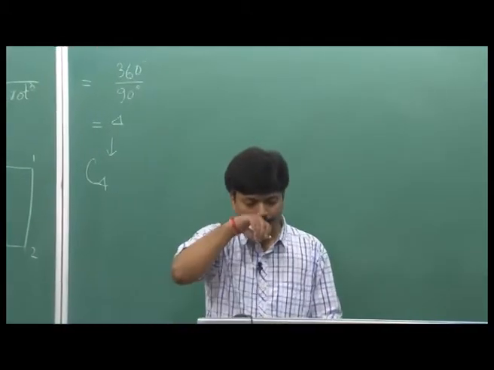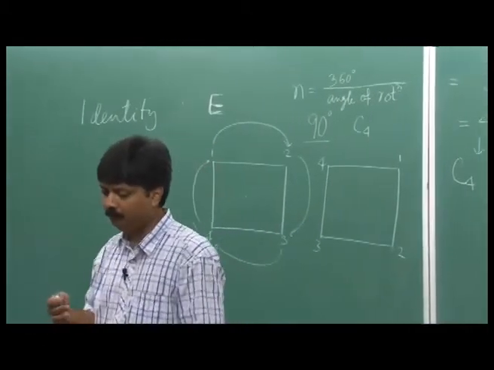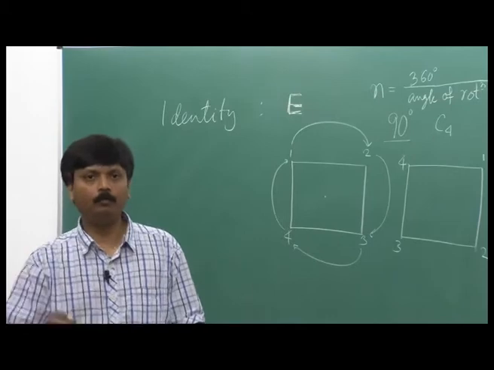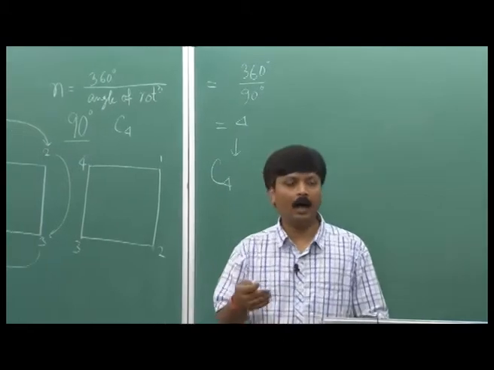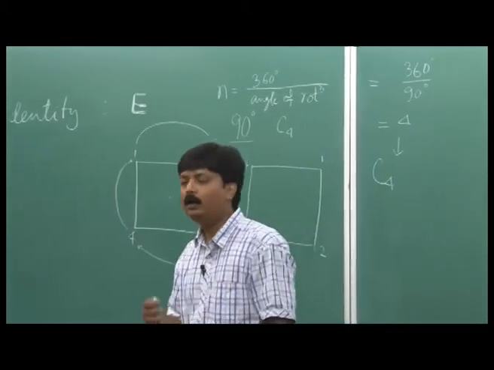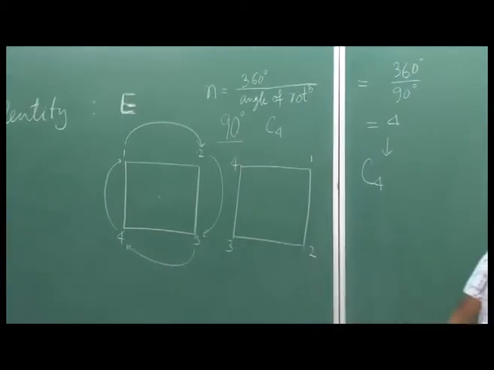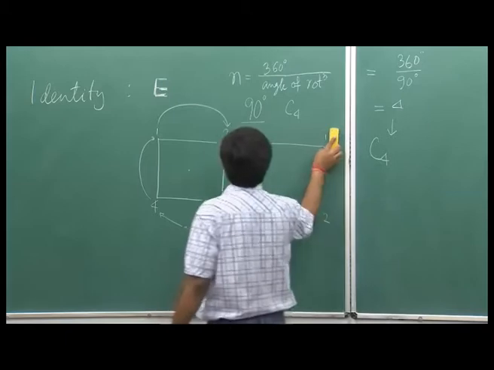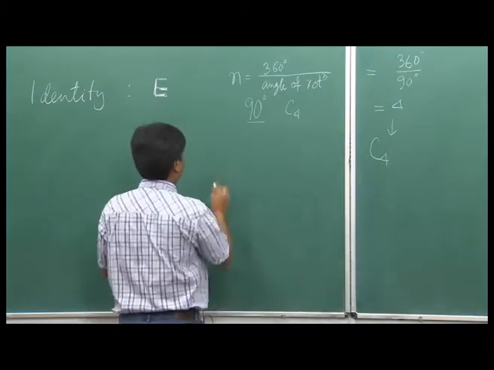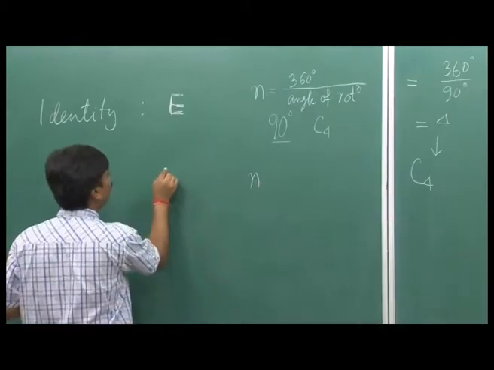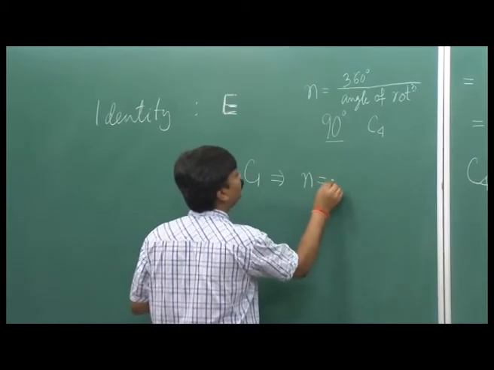Now you can see that I can vary the value of n. I can go from say C3, 4, 5, 6. So I have not written there C1. Why not? Because what will C1 mean? From this particular relation, for C1, n equals 1.